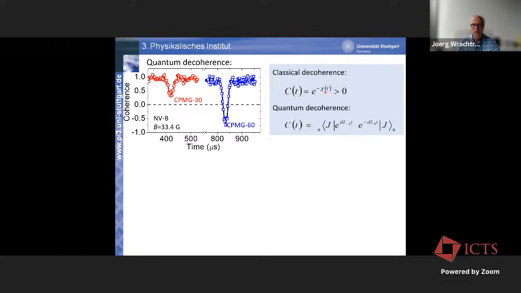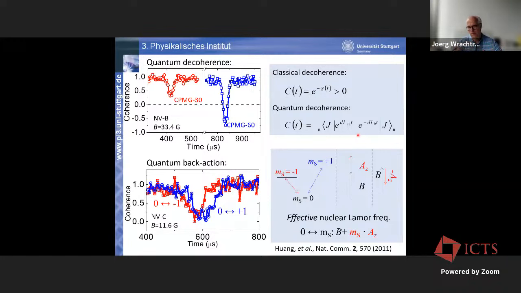This is why we distinguish here the classical coherence, where you have an exponentially decaying function over the expectation value of a Hamiltonian, which is the Hamiltonian of your combined electron nuclear spin system. Well, in this quantum correlated state, in this entangled state, a type of sensing situation, you also have quantum back action.